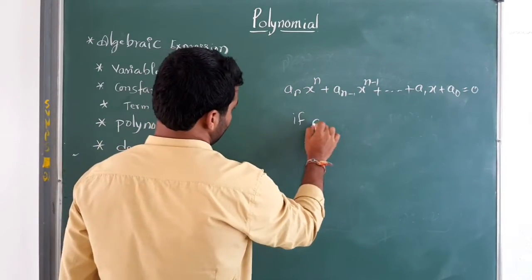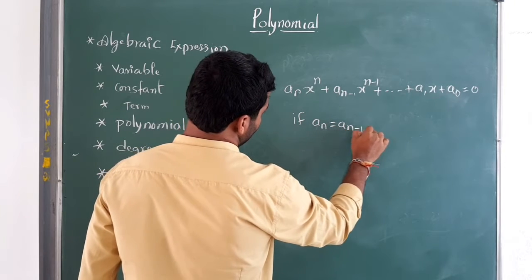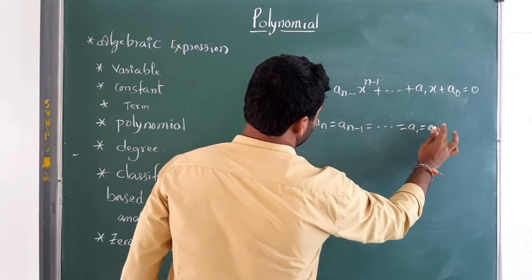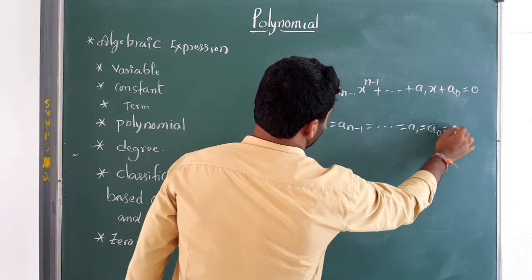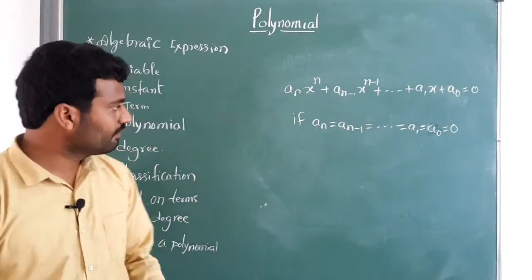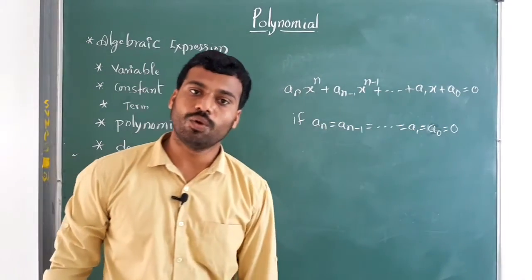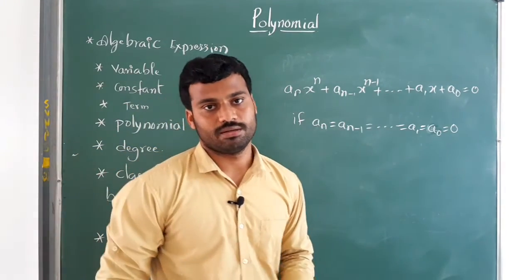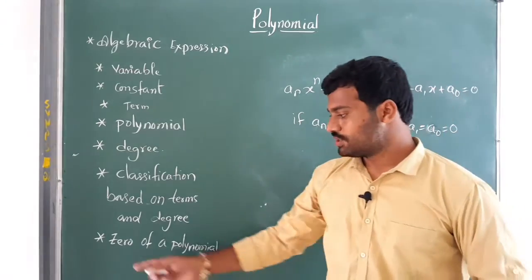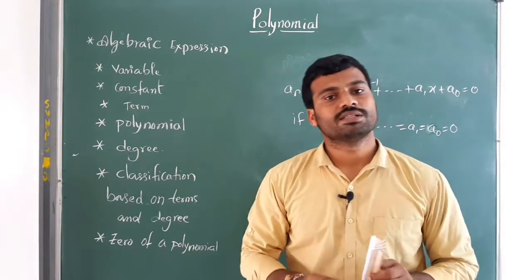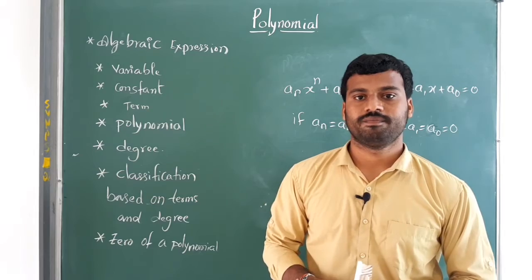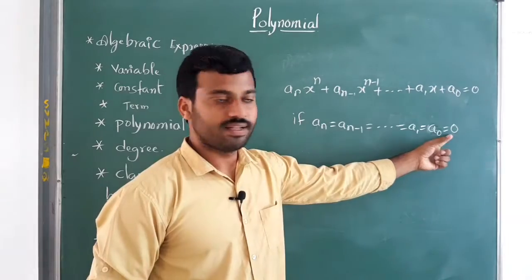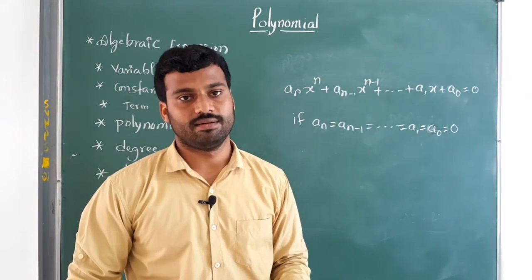If an equals an minus 1 equals and so on, a1 equals a0 equals 0, that is, if all coefficients are 0, then this polynomial is what? 0 polynomial. Clear? 0 of a polynomial is different from 0 polynomial. If all coefficients are 0, then it is called 0 polynomial.